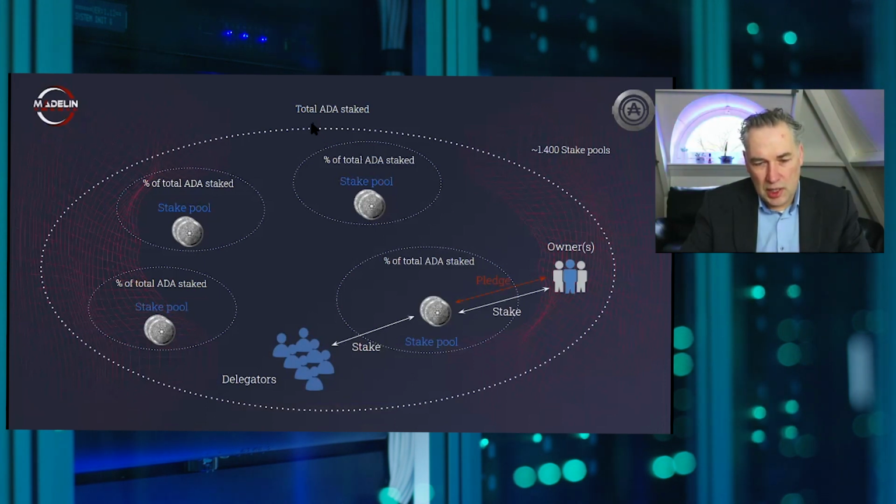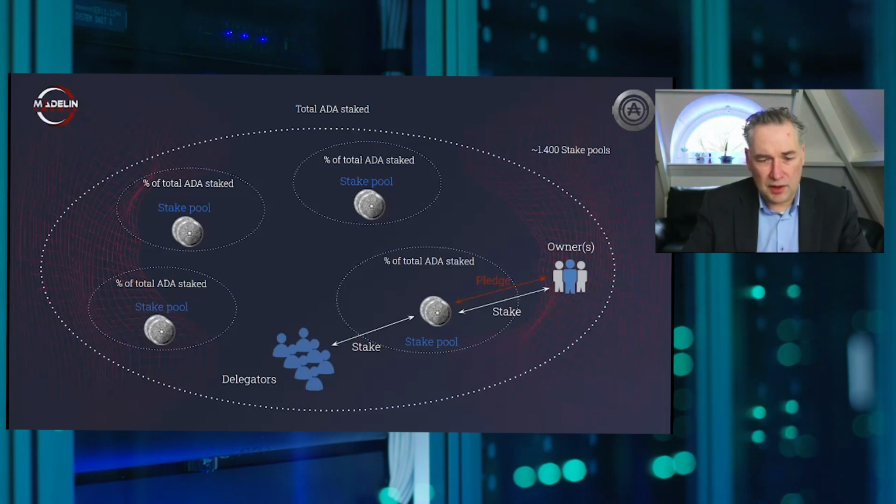So in that case, the total ADA stake and the percentage of the total ADA stake is the underlying reason for the protocol to say, on the basis of the coin flipping protocol, this stake pool gets elected as leader and can start processing a block, validating it, and checking if everything is okay to receive a reward.